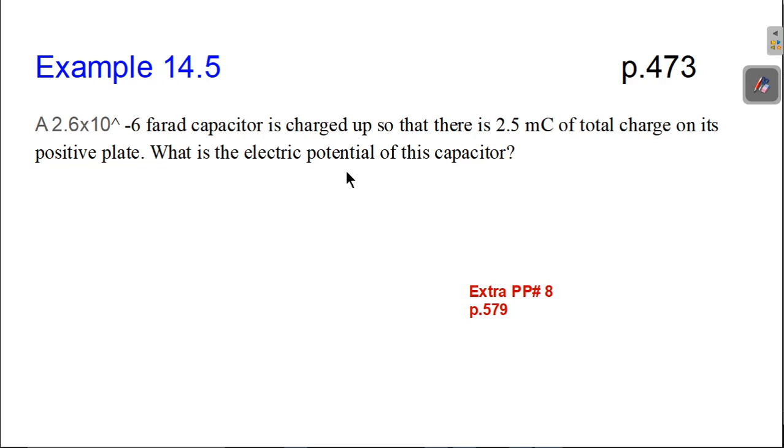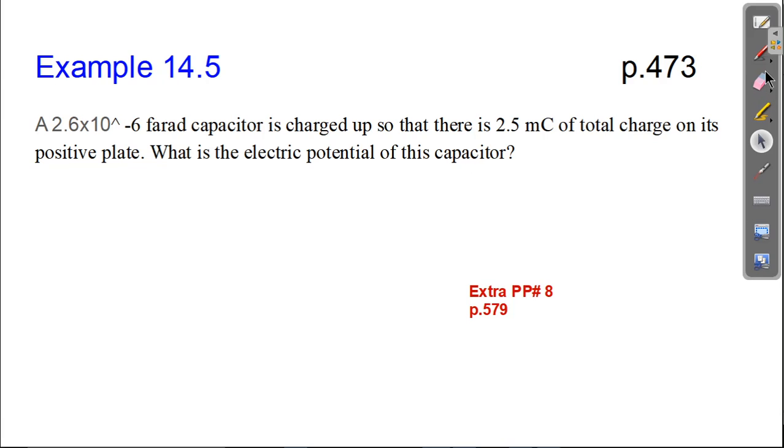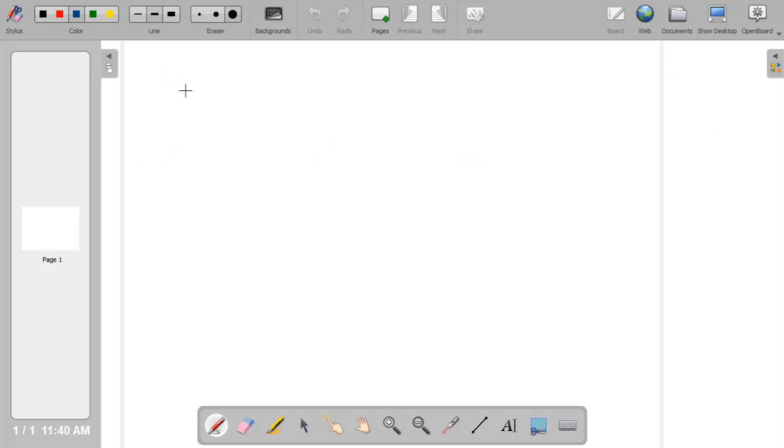What is the electric potential of this capacitor? Well, this is just applying the formula. This is all it is. It's just an application of the formula. Let me find my whiteboard. It's not really a whiteboard, it's a blackboard, but I think it's better when it's black and white. Let me go here to my board. So we're trying to apply the formula.